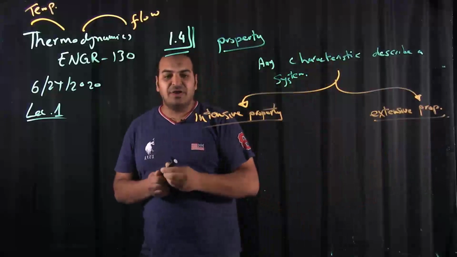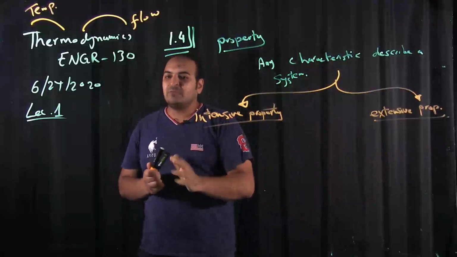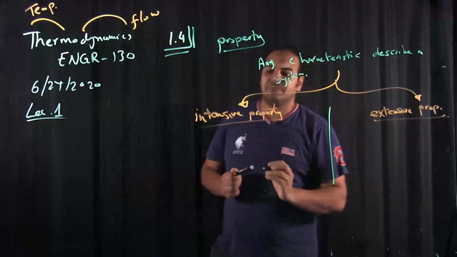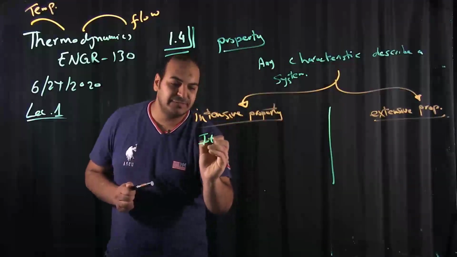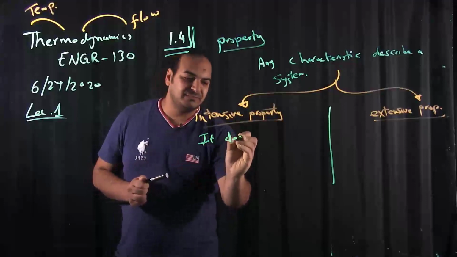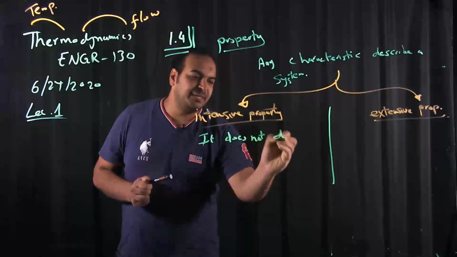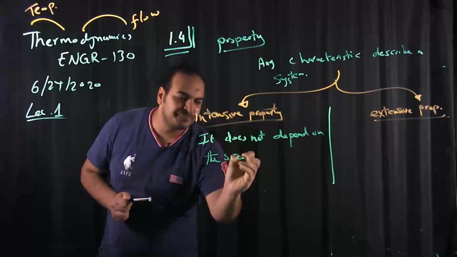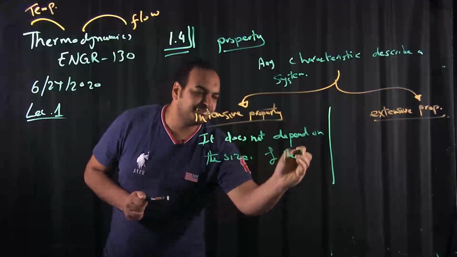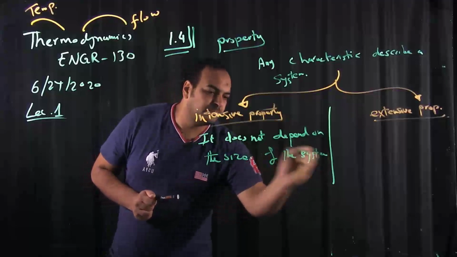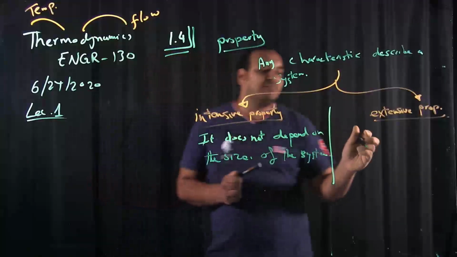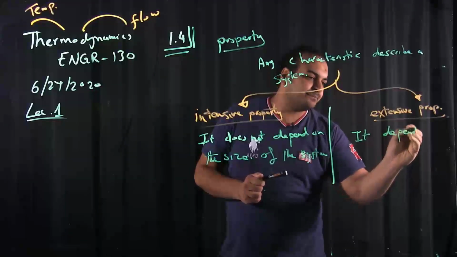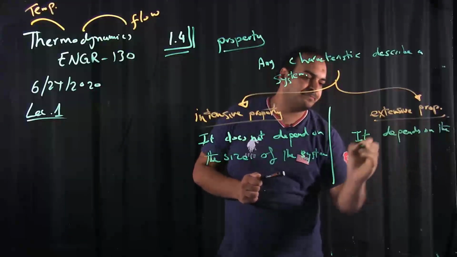Intensive property, with letter I, is independent of the size of the system. Extensive property is dependent on the size of the system. So here, this property does not depend on the size of the system, while here, the extensive depends on the size.